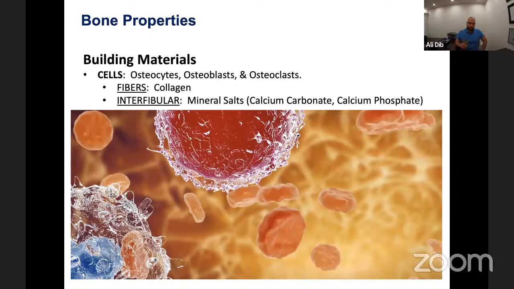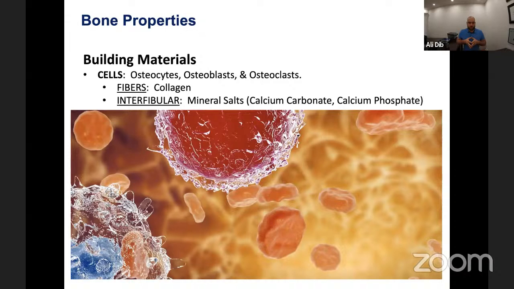We're going to talk about why they're all important moving on. What a lot of these cells will do is they'll lay down collagen. This is the predominant protein we have in the human body, particularly type 1. This is fundamentally what bone is made out of, right? Those are the fibers of the bone.